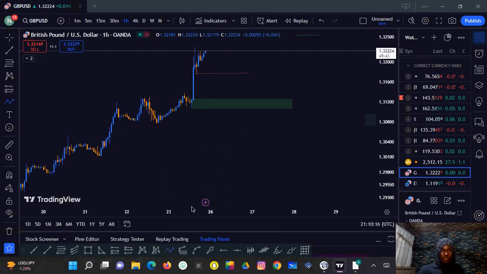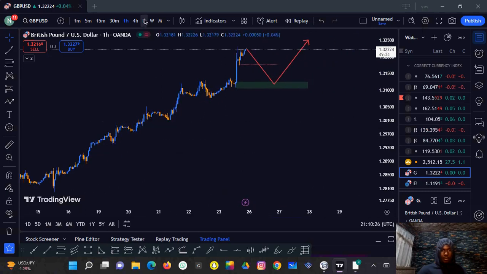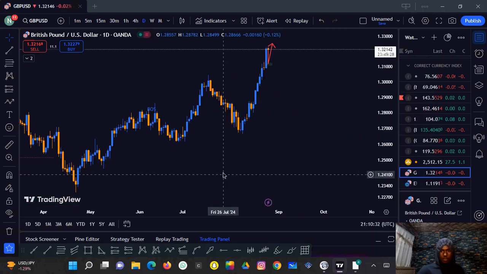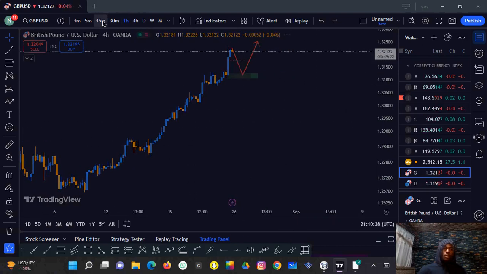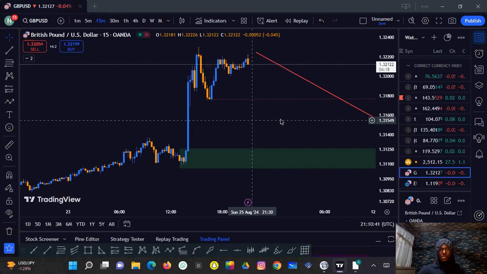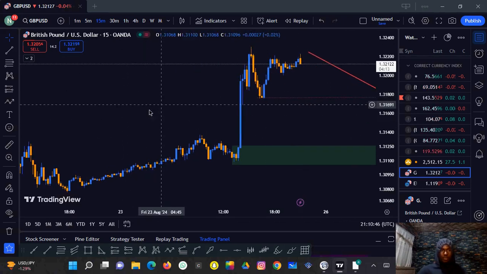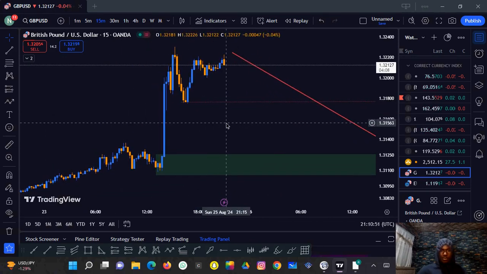We expect the market to come here and then meet. So this is what I am expecting on GBP USD. I'm expecting a move to the downside, and then we continue to the upside.